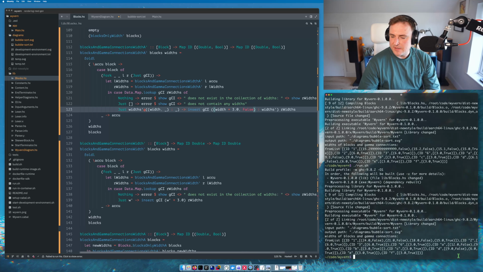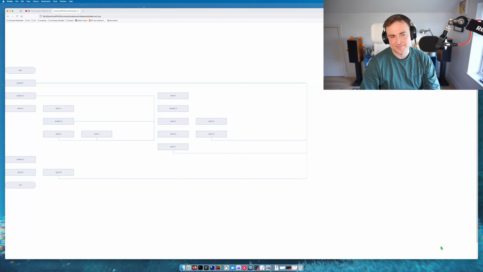D's width is 9, but A's width is also 9, but the origin is different.